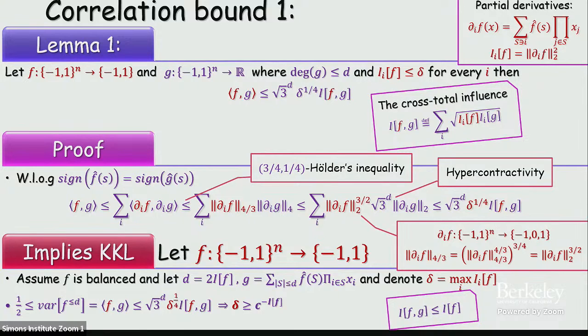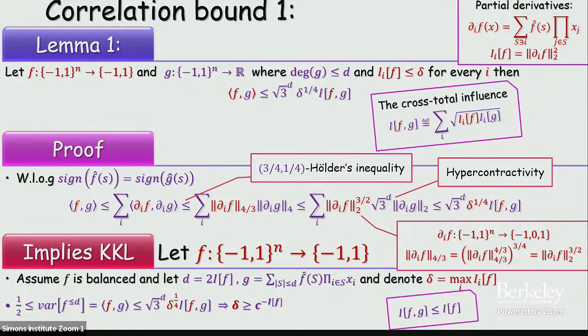Let delta be the maximal influence. Now just apply this correlation to f and its lower degree part. We get that this is at most the maximal influence times exponential in d, which is the total influence, and another influence, which is not a lot when we have exponential in the influence.